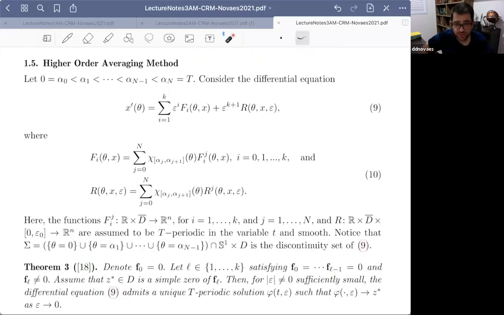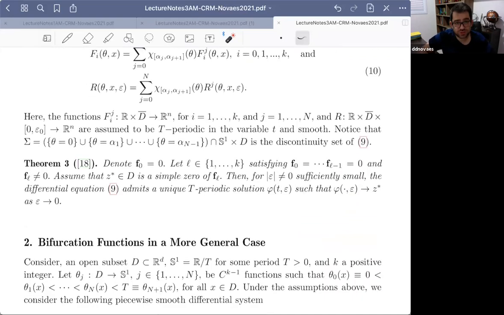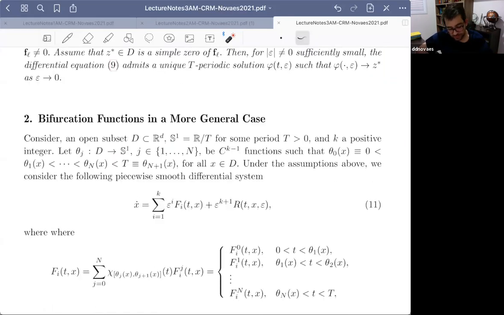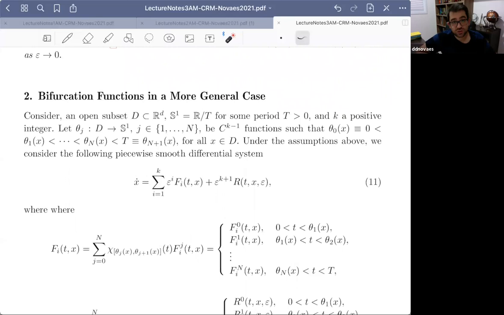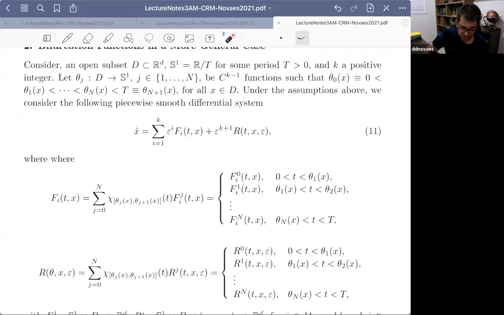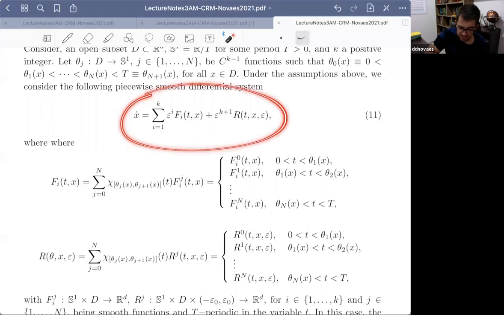But what happens in a more general case? What happens, for instance, in the second order bifurcation when the hypothesis 8b2 that I have talked about does not hold? So let us consider piecewise difference equations given in this standard form.